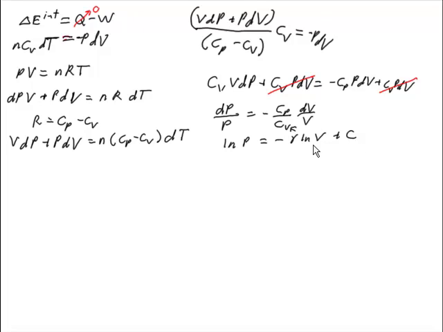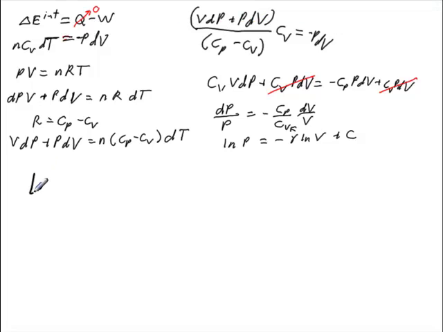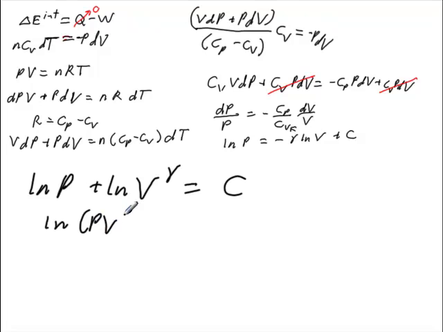We bring the gamma inside. So this is log P plus log V to the gamma, because gamma times log V is the log of V to the gamma, equals C. That's log of PV to the gamma equals C.